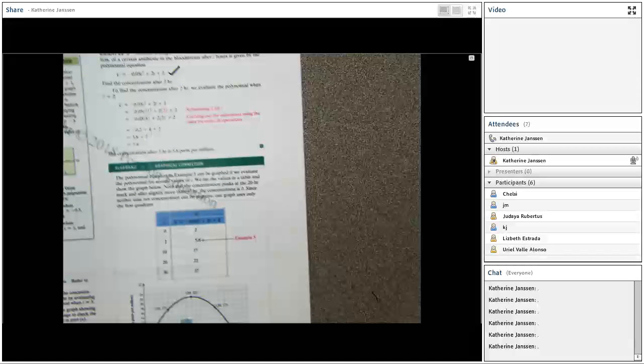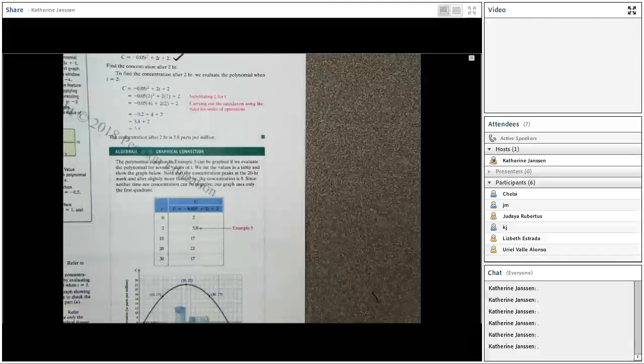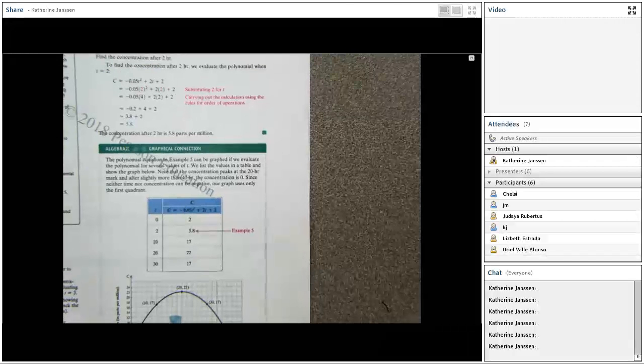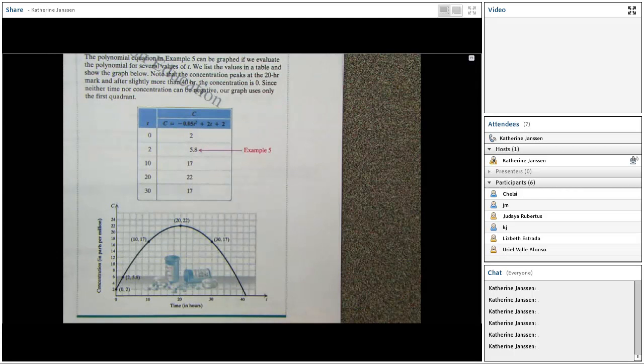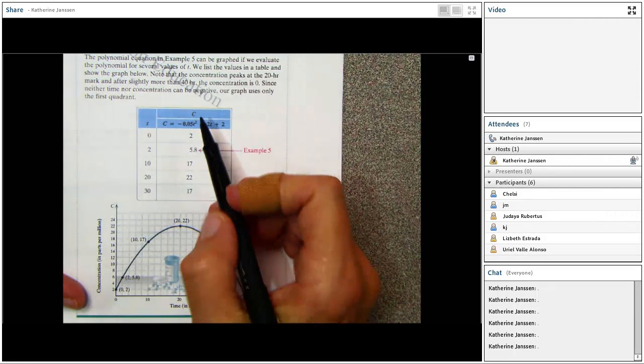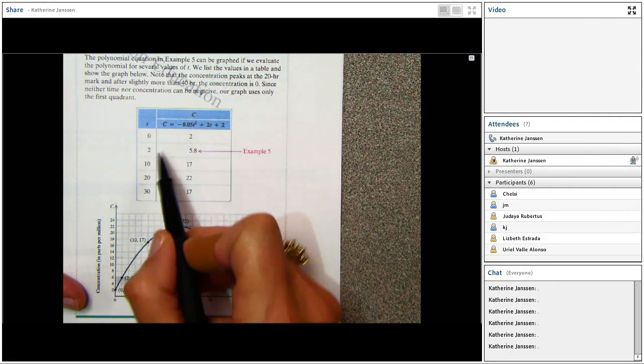Okay, next we're looking at a graphical interaction again, where we're using this same formula, but we're going to solve graphically. We have time and concentration.